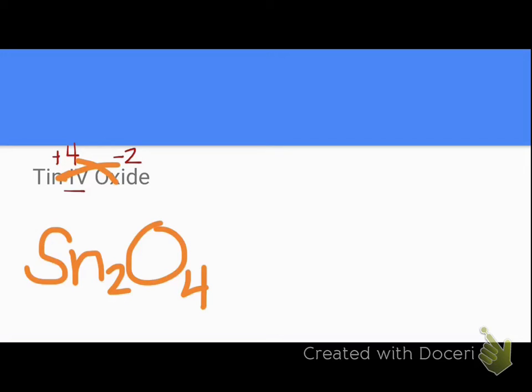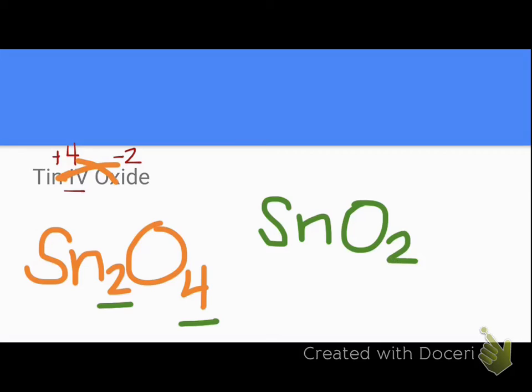So what I should be left with is, oh, we should write that out as a symbol, SnO4... Sn2O4. But remember, what we want to be left with is numbers in their lowest ratio. So I can divide each of these out by 2 to be left with SnO2. Okay, so my charges still cancel in this situation.